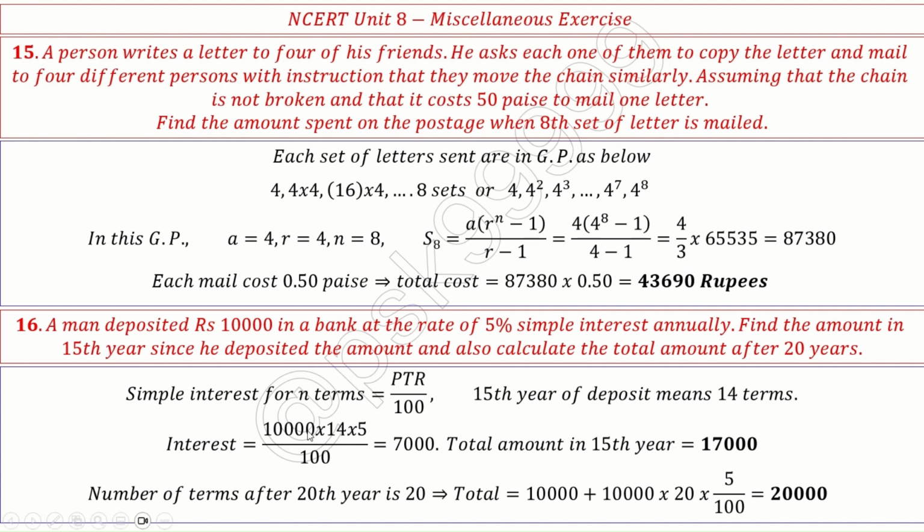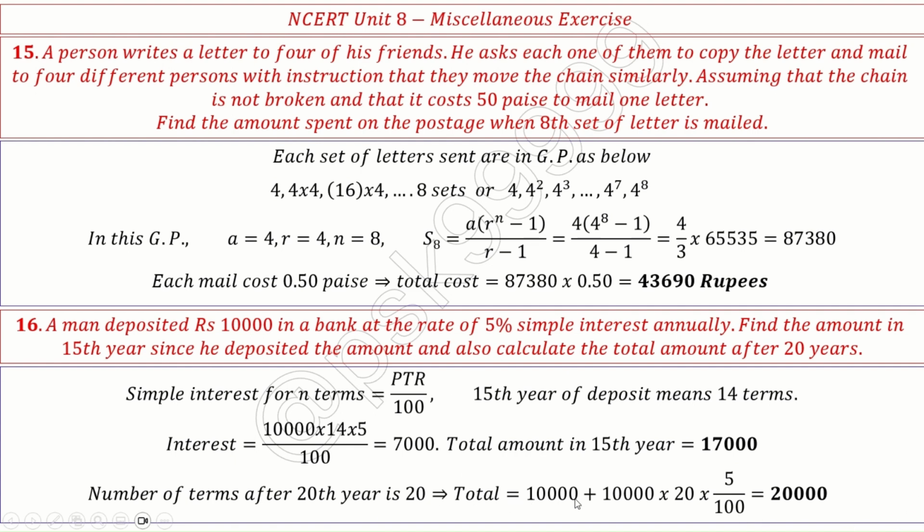So the interest is nothing but 10,000 into 14 into 5 by 100, which is 7,000. This is very important to note down. Now, the total amount in the 15th year is 7,000 plus 10,000, which is 17,000. Now, the second part is what is the total amount after 20 years? That means N is 20 now. Terms are 20. After 20 years, the number of terms is 20.